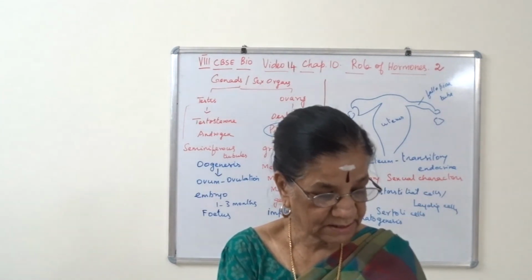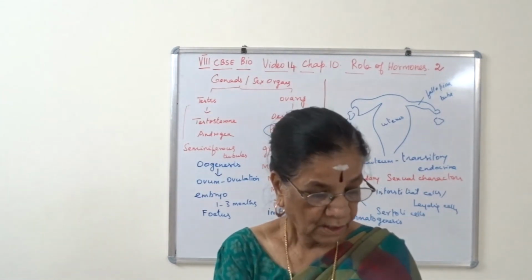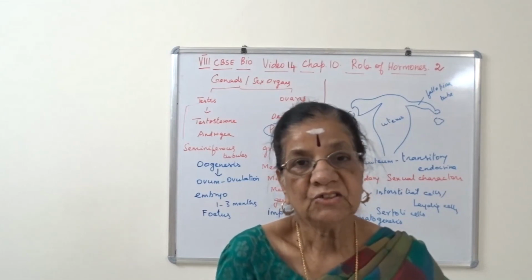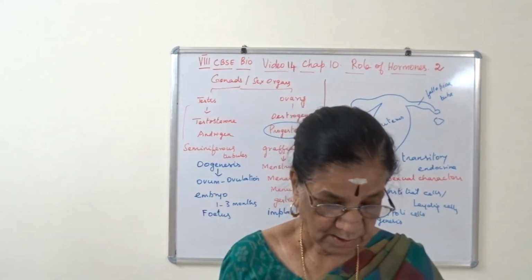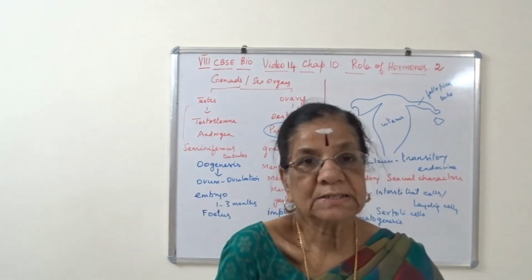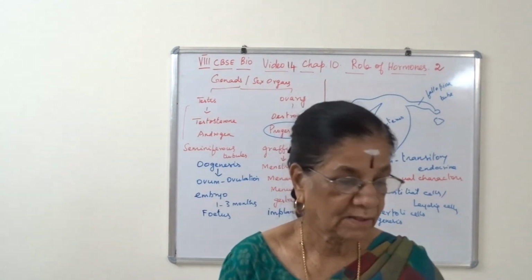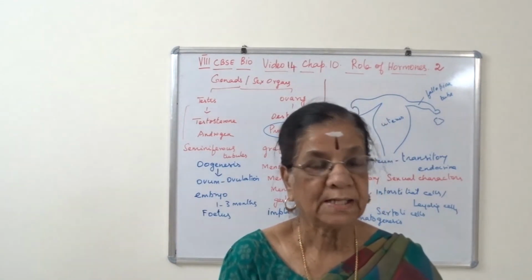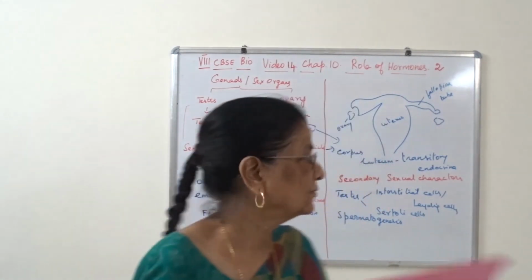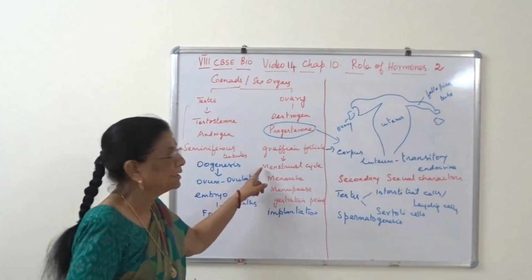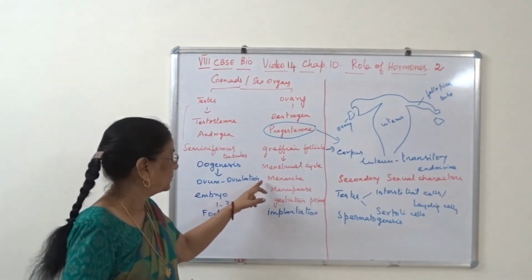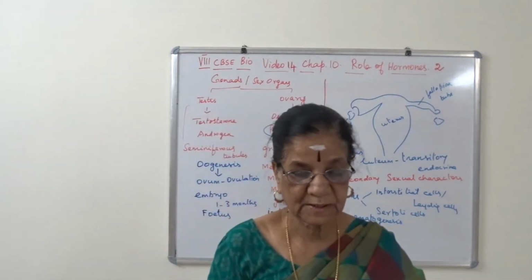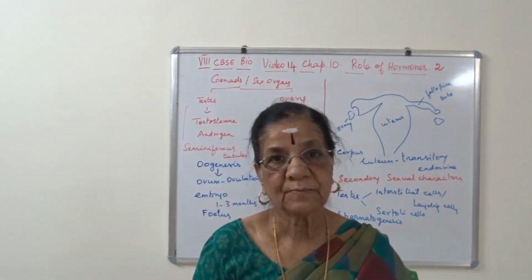Now, these hormones stimulate changes in the body at the onset of puberty. Right? Then we have learned the reproductive phase of life in human, where we have learned the three terms: menstrual cycle, menopause, and gestation period. I hope you understand.